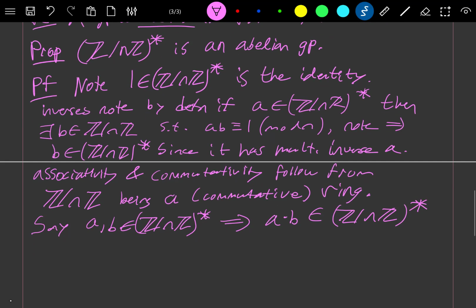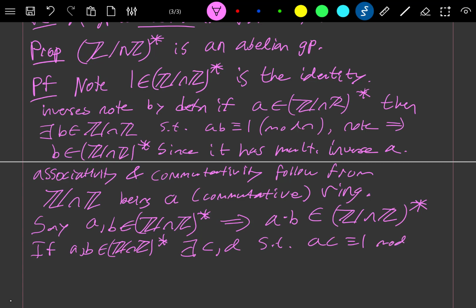To see this, we note that if A and B are units, then by definition there exist some C and D such that AC is 1 mod n, and BD is also 1 mod n.